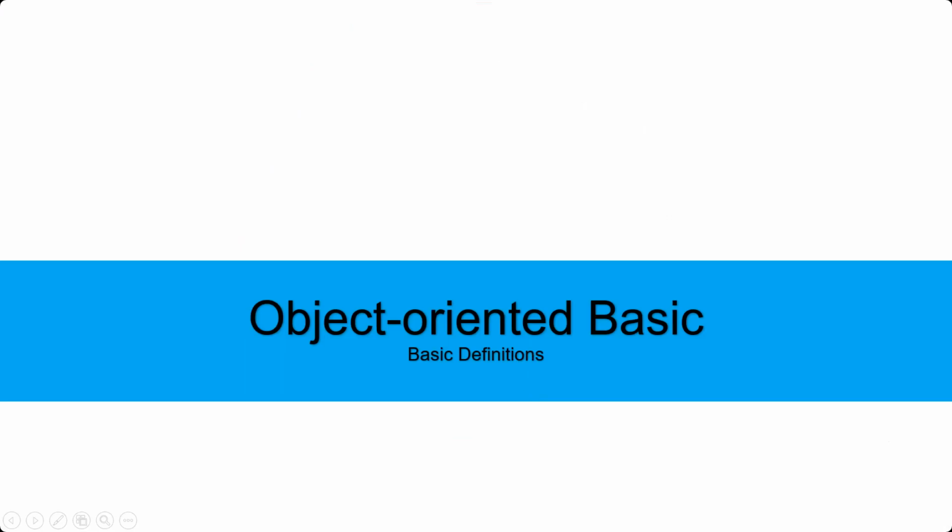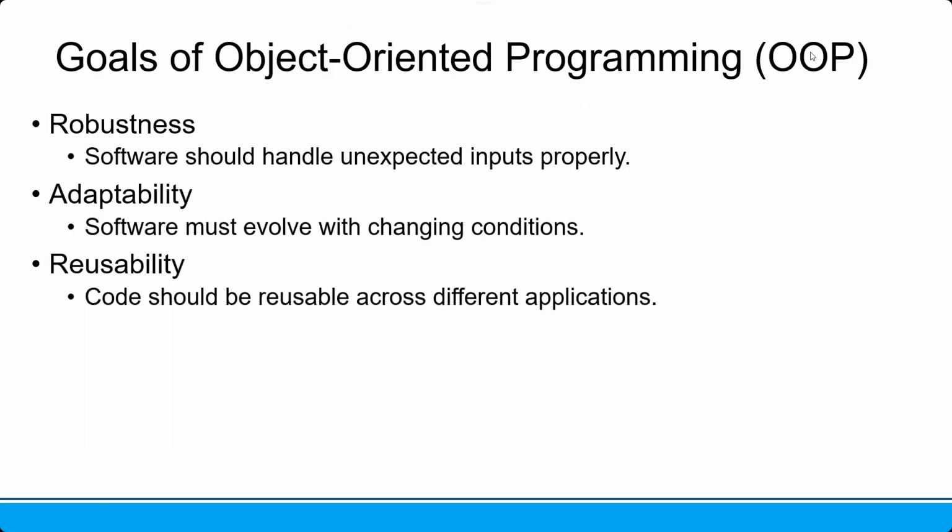So in the basic of the object oriented, or sometimes we call it OOP, the robustness is the issue. When we create the object-oriented programming, software should handle unexpected inputs properly.